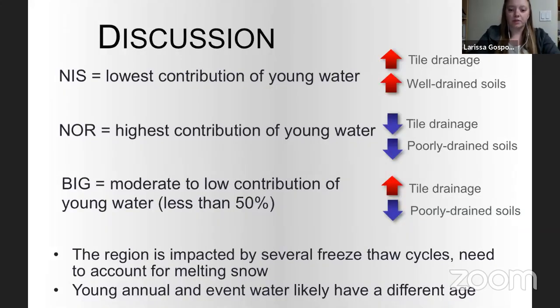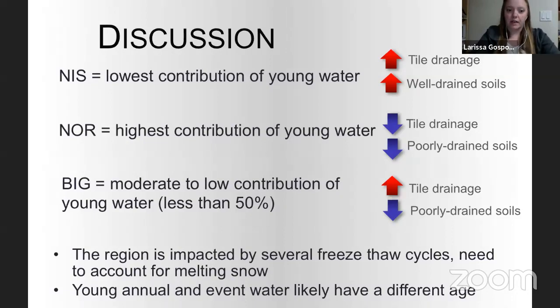So when we look at what the results show, we see the lowest contribution of young water in both events and an annual scale occurred at Missouri. And as a reminder, this was the catchment with high tile drainage and well-drained soils. Big had a moderate amount, but when we compared this with North Creek, which had the highest contribution of young water, this was the catchment with low tile drainage and poorly drained soils.